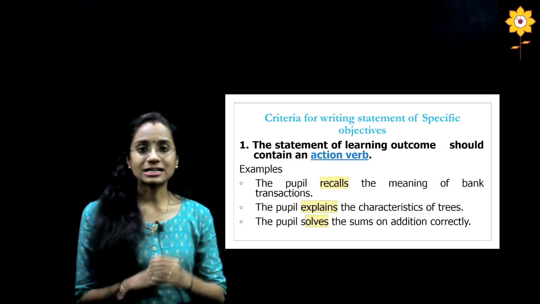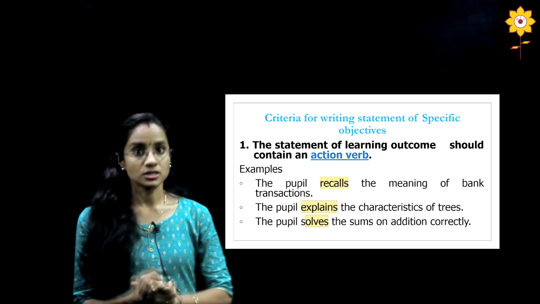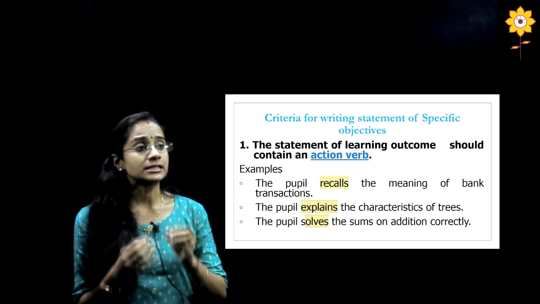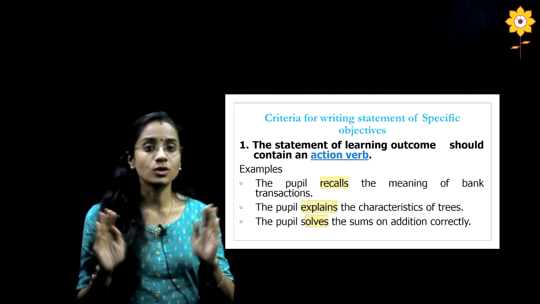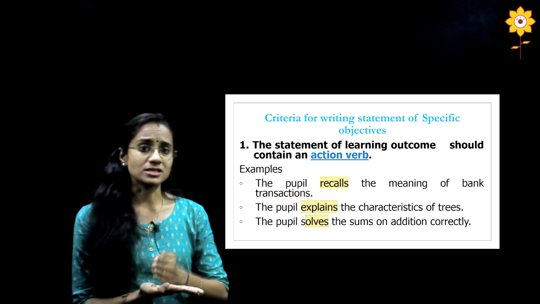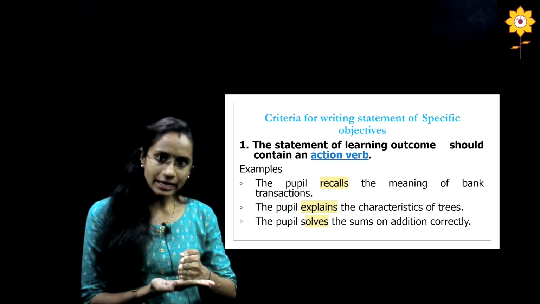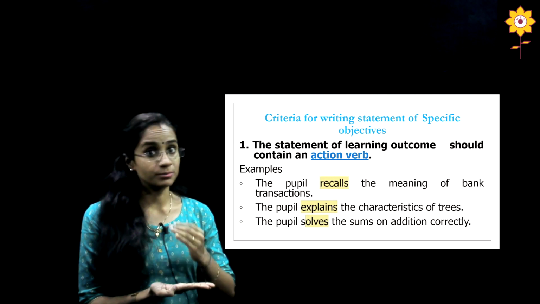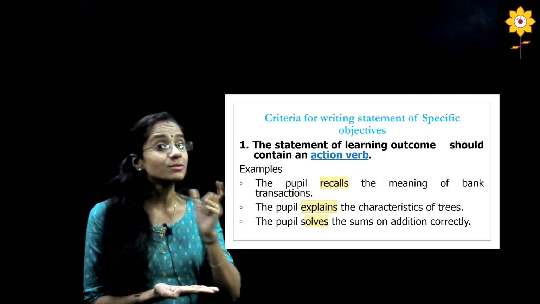So now let's understand the criteria for writing statements of specific objectives. So the first criteria is the statement of learning outcome should contain an action verb. So it is very important that in your specification, in your statement of your learning outcome, there is an action verb, because we have already understood that it is something observable and measurable.